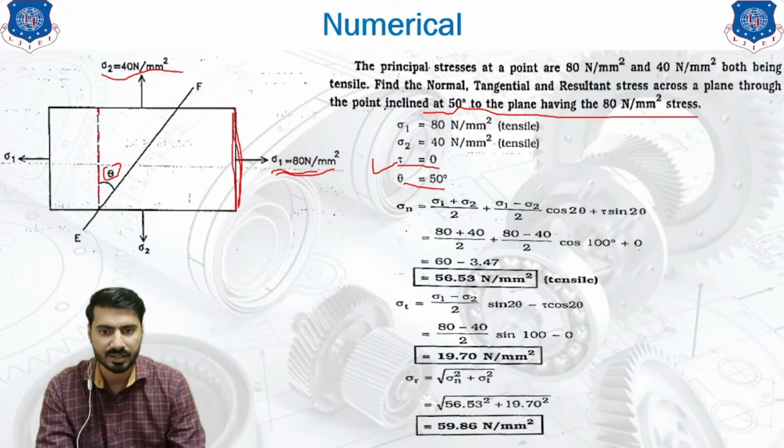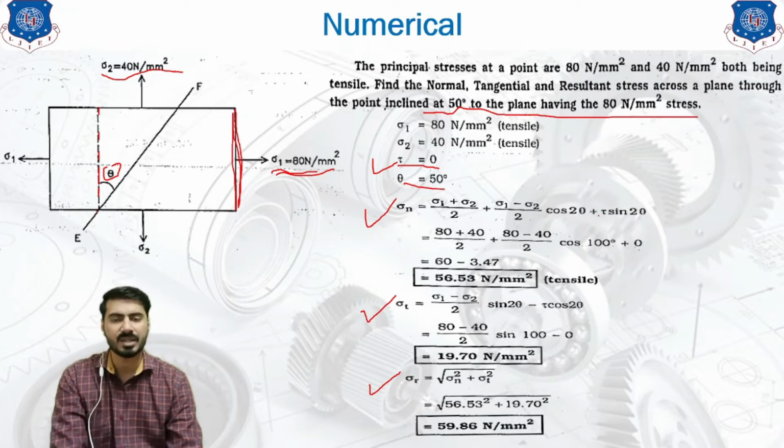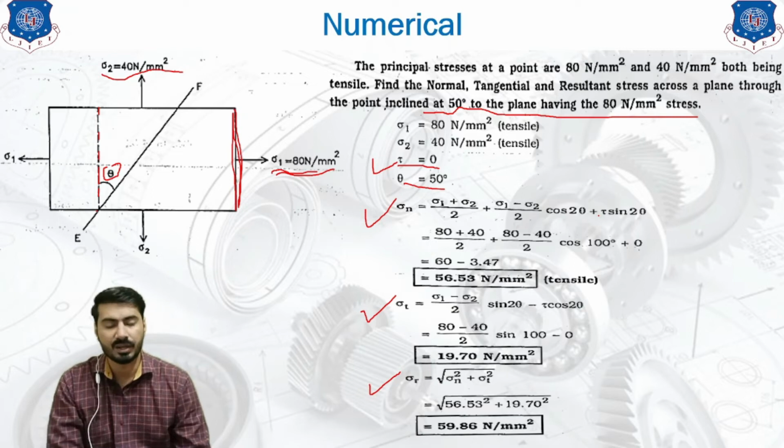So for that we are going to use the normal stress formula, tangential stress formula and resultant stress formula. As you can see, we have the normal stress formula: sigma n equals sigma 1 plus sigma 2 by 2, plus sigma 1 minus sigma 2 by 2 cos 2 theta, plus tau sine 2 theta. This is our basic formula of normal stress.